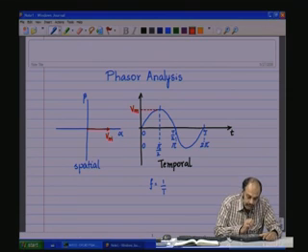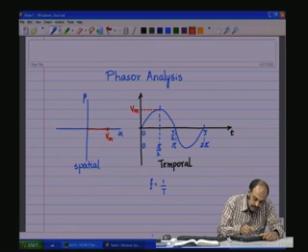Now, this Vm is made to rotate, being anchored at the center here, and it starts rotating like this and completes one circle for one period. That is, it starts from 0, goes through a 90 degree shift.